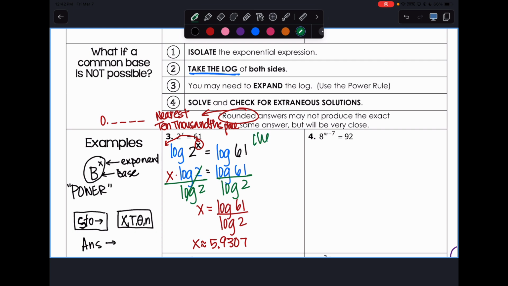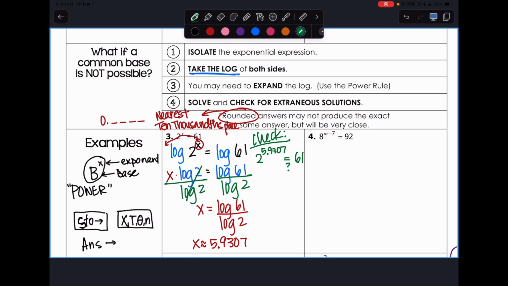I'm going to check for extraneous solutions now. I'm going to put 2 to the 5.9307 on my paper. That's supposed to equal 61. You can check with the calculator. So you're going to do 2 and then use the caret button above the division sign, and then put X. Because I just stored a value for X, you can use the X here.